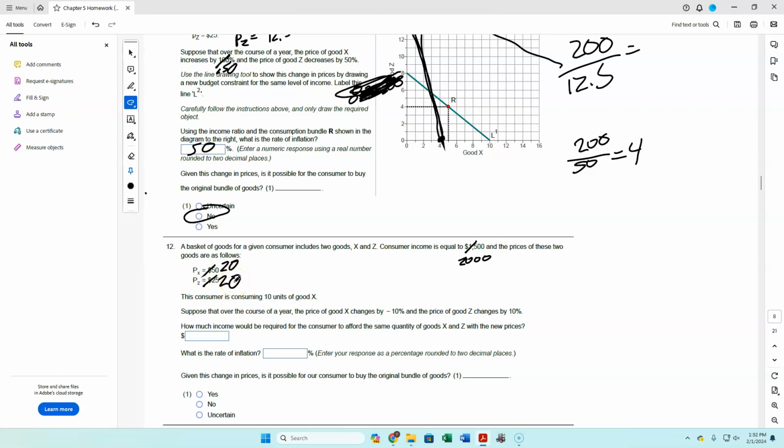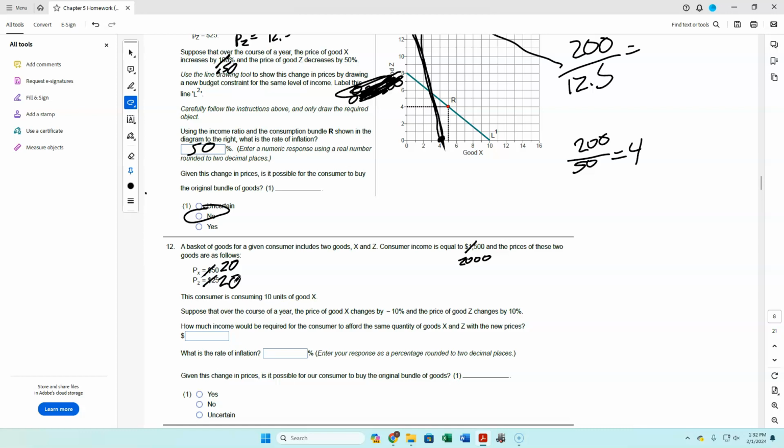And I had the person buying 10 units of goods, 10 and 10. Okay. So the first question is how much income would be required to buy the same quantity as before.